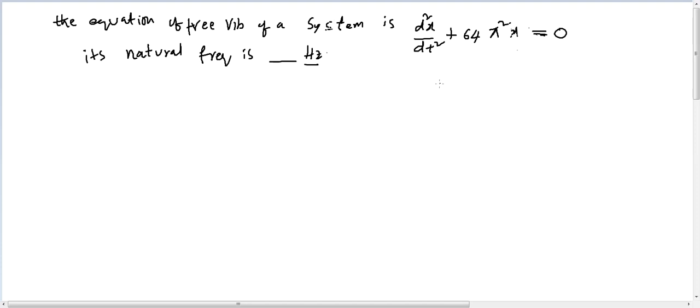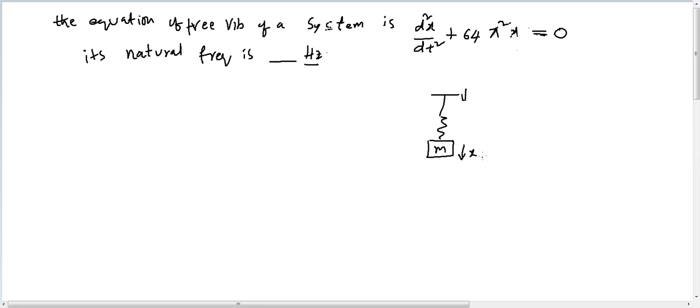Let us consider a spring mass system like this, with mass m. If we disturb it by an amount x, it will have some acceleration.